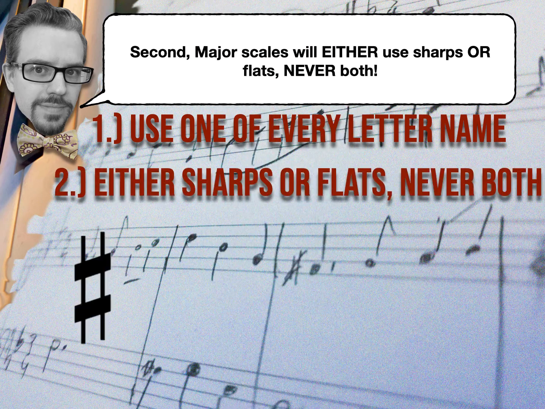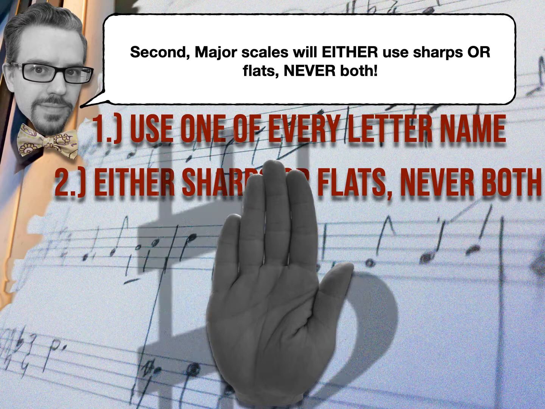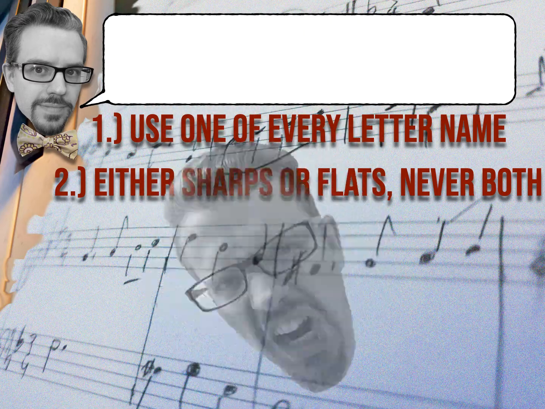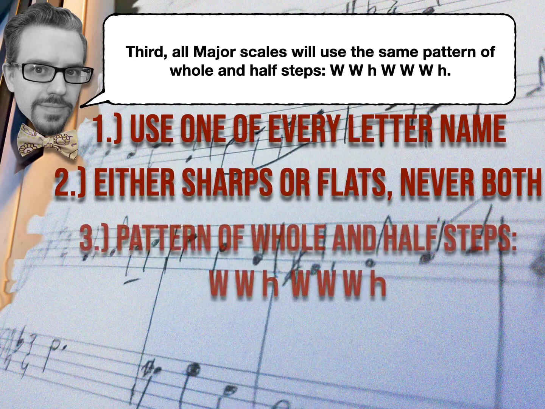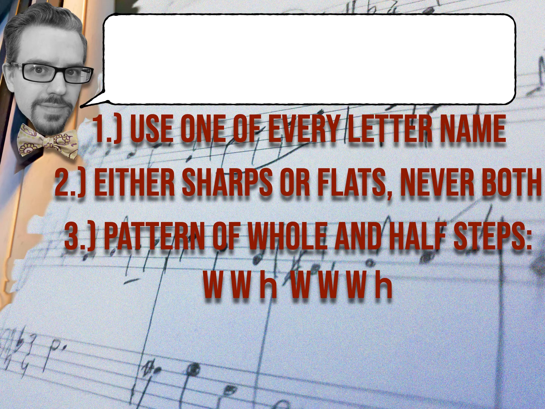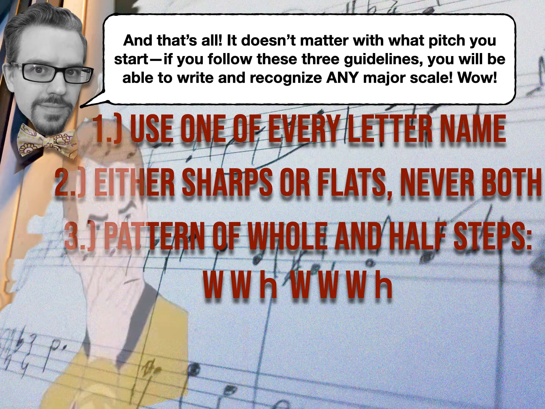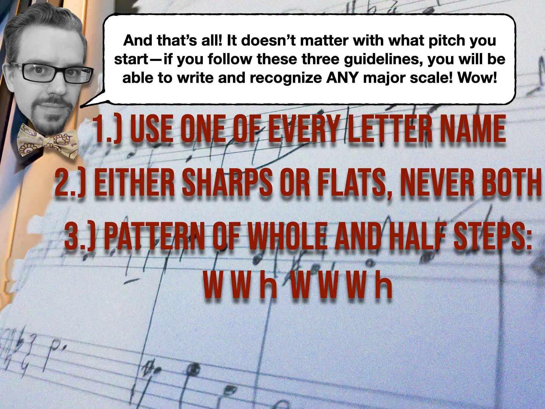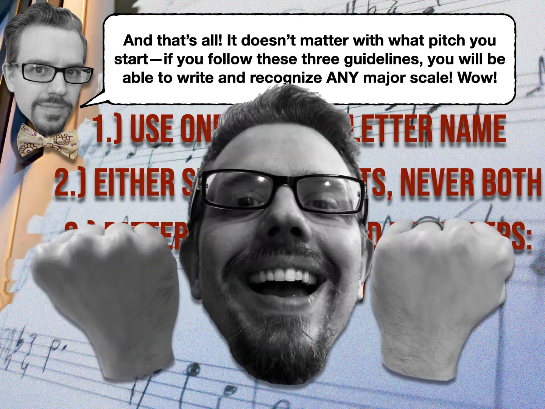Second, major scales will either use sharps or flats, never both. Third, all major scales will use the same pattern of whole and half steps. Whole, whole, half, whole, whole, whole, half. And that's all! It doesn't matter with what pitch you start. If you follow these three guidelines, you will be able to write and recognize any major scale.